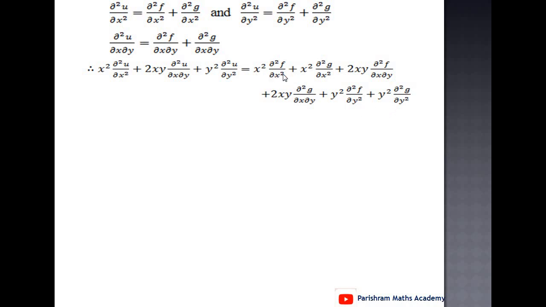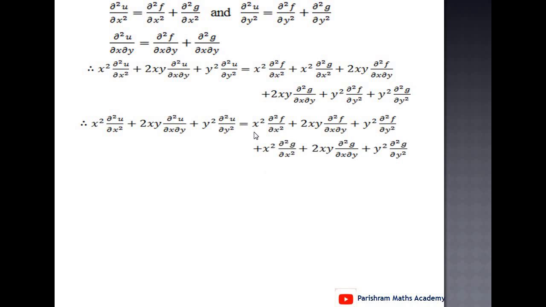Then we can take the terms of function f only. We get x² ∂²f/∂x² plus 2xy ∂²f/∂x∂y plus y² ∂²f/∂y². Similarly, the terms of g.